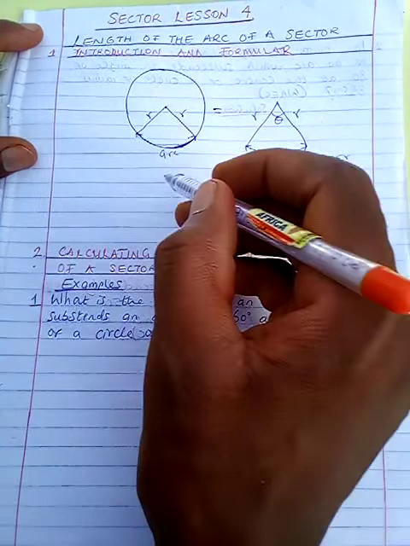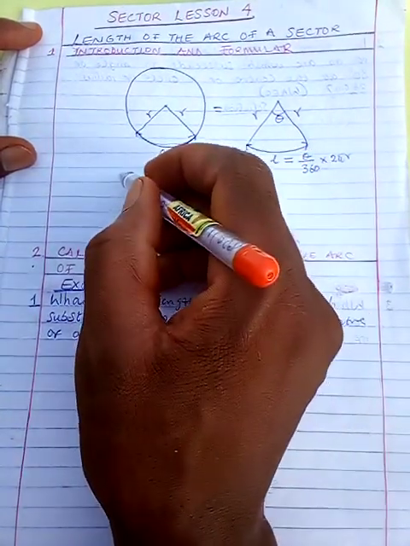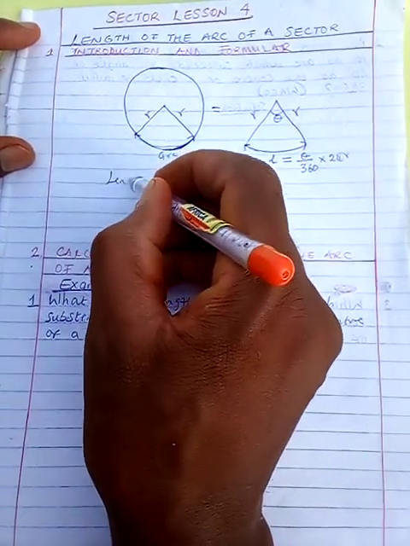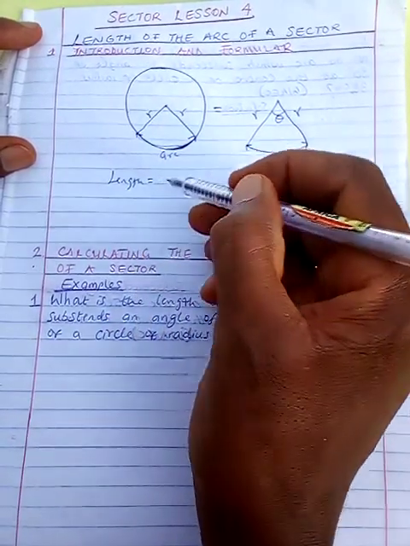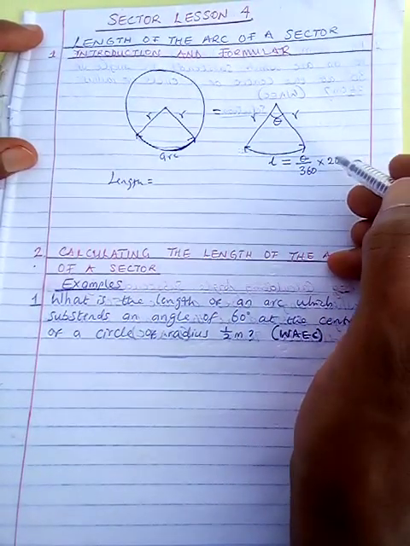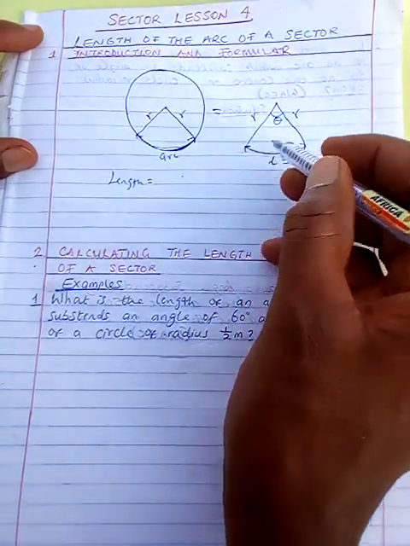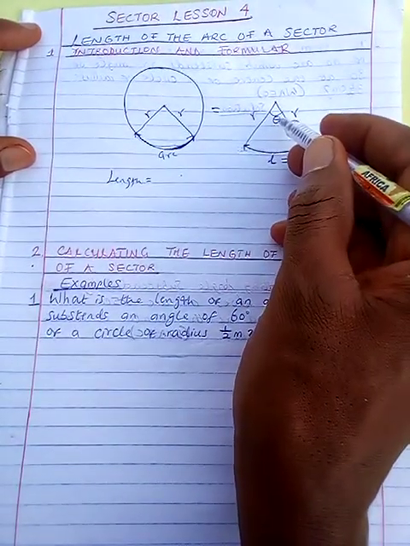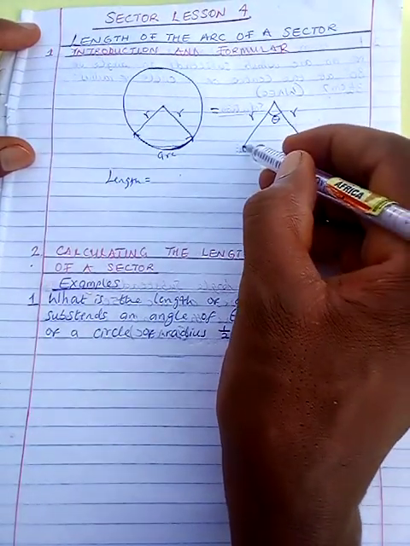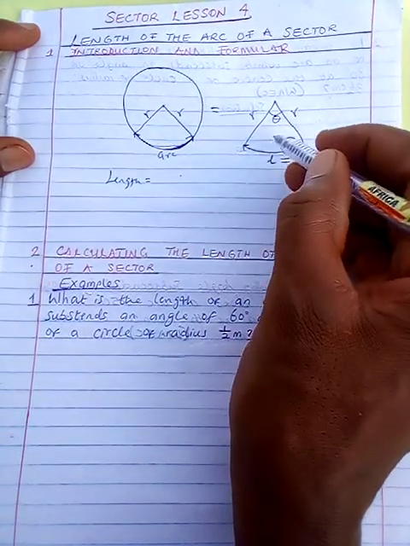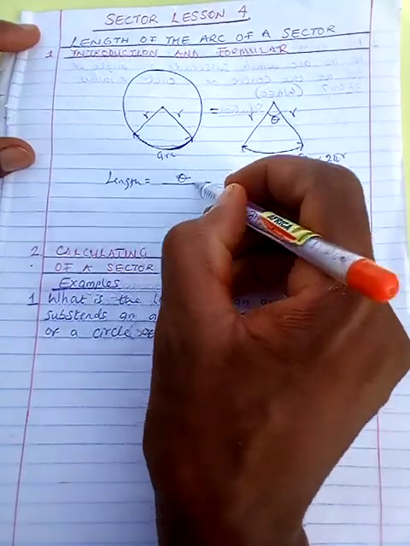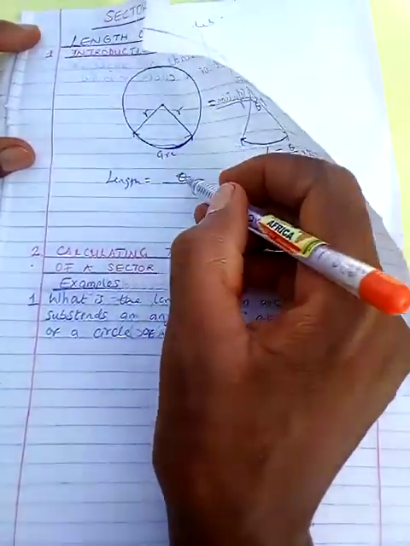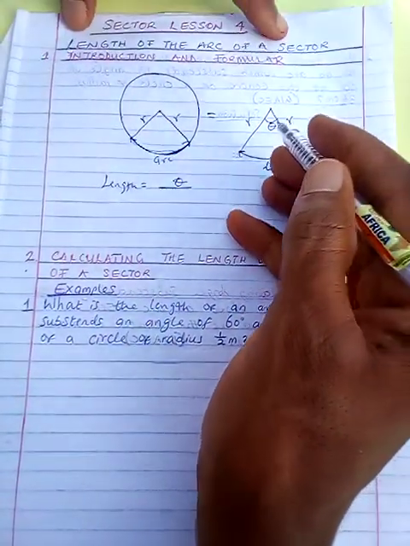To get the length of the arc, it is going to be theta, since the radii subtend an angle, so the angle is theta, over the total angle of a circle, which is 360.